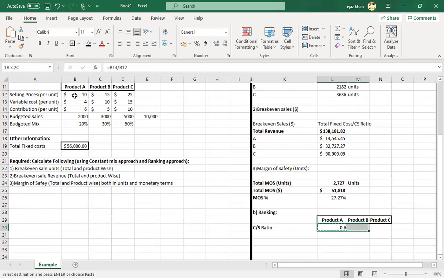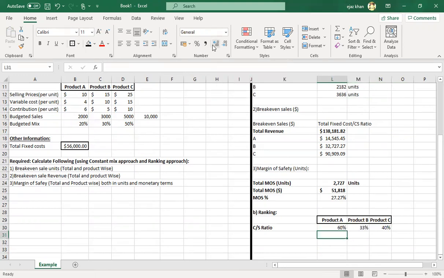It's 0.6, and let me copy and paste all these here. So in this case, we are generating $5 contribution divided by 15. It is 0.33. And let's convert these figures into percentage by either multiplying by 100 or using this feature of Excel. So here we go.